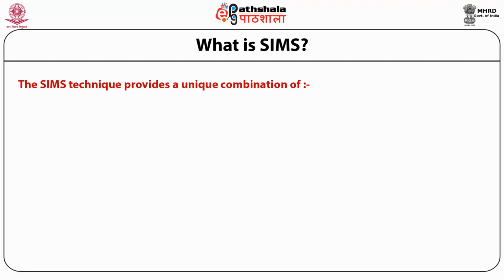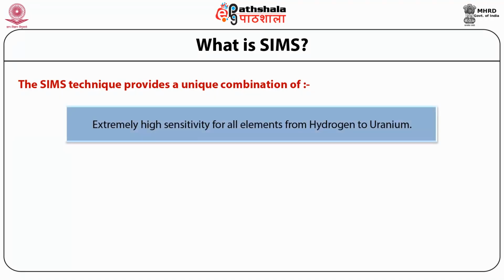The secondary ion mass spectroscopic technique provides a unique combination of extremely high sensitivity for all elements from hydrogen to uranium. That means it can work for a very light element like hydrogen and a very heavy element like uranium with equal ease.